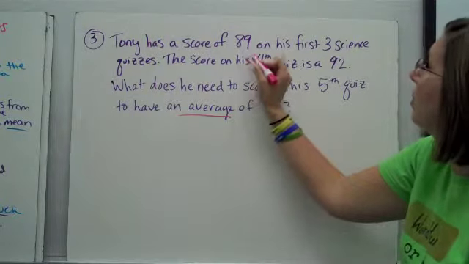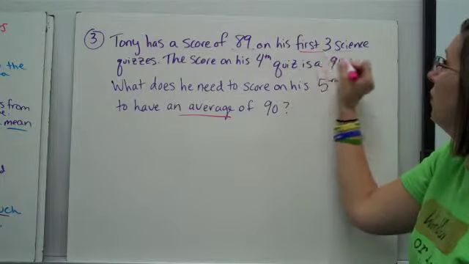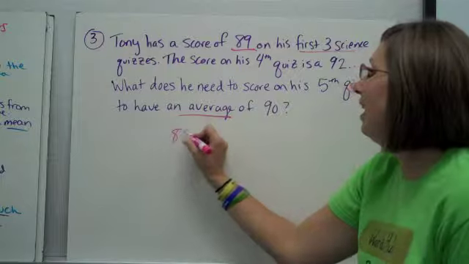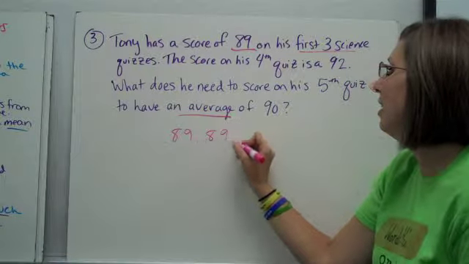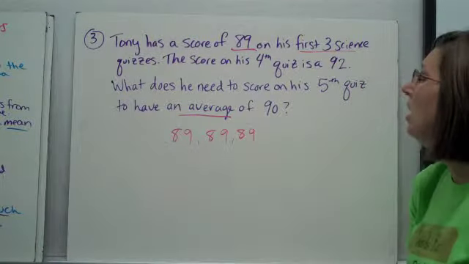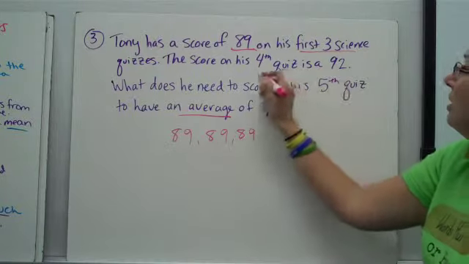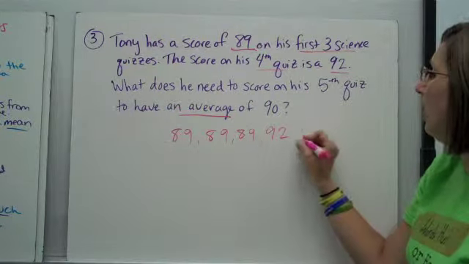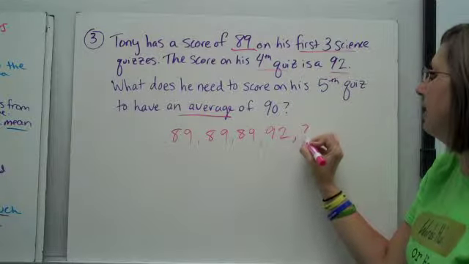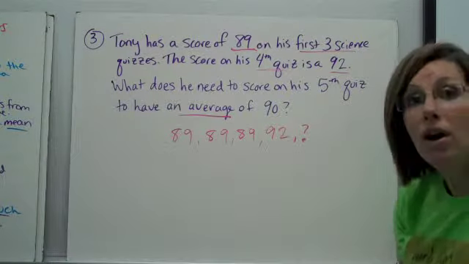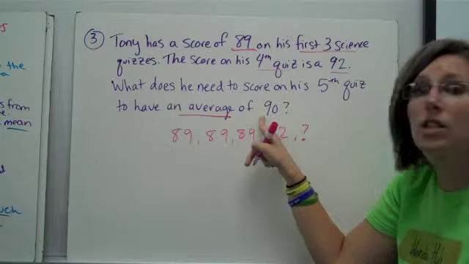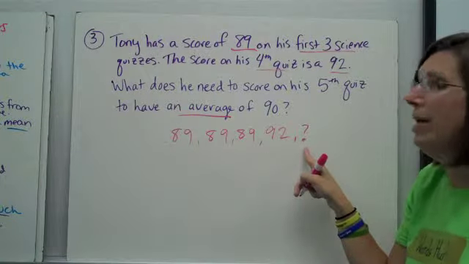He has a score of 89 on his first 3 science quizzes. So that means he had an 89, an 89, and an 89. His 4th quiz is a 92. We don't know what he's going to score on his 5th quiz, but we know that he wants to have an average of 90. So the question is, what is he scoring on this last quiz?